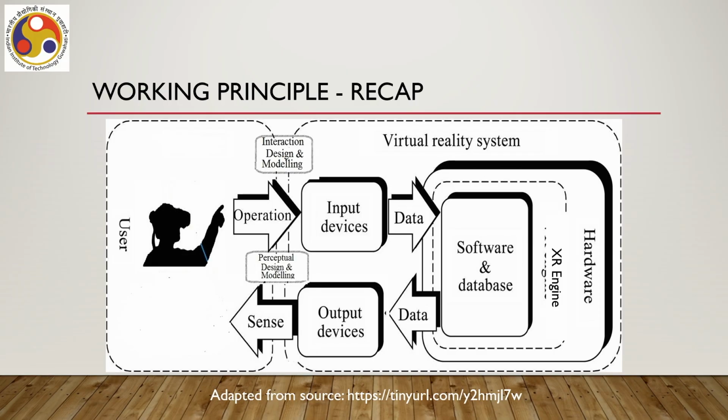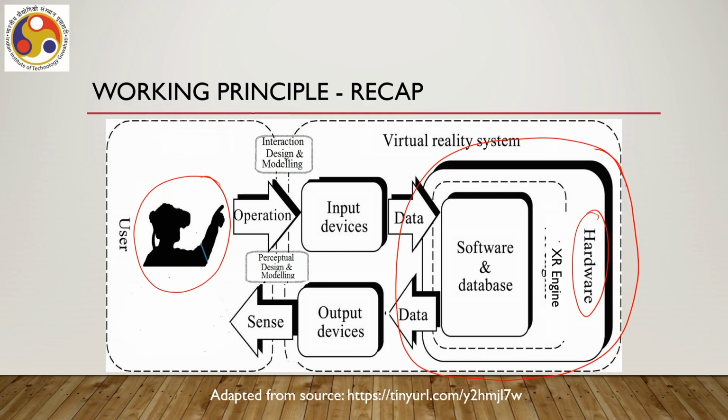Now, before we start, let us quickly recap the working principle of extended reality systems. On the one side we have the user, and on the other side we have the system. The system we can view as comprising the hardware, the middleware which we are terming as XR engine, and the application software.